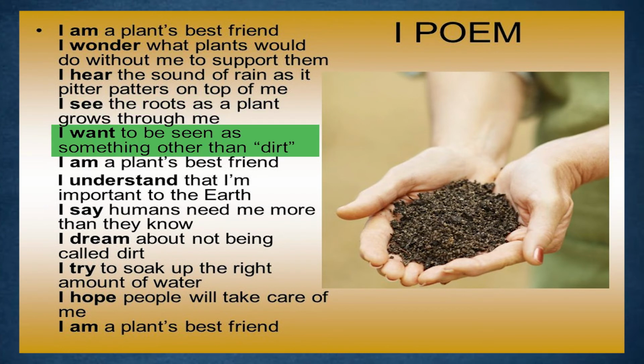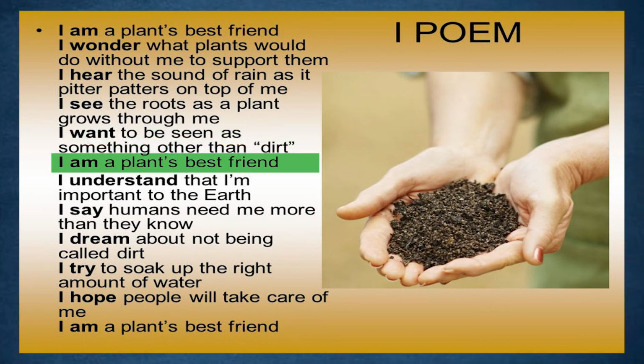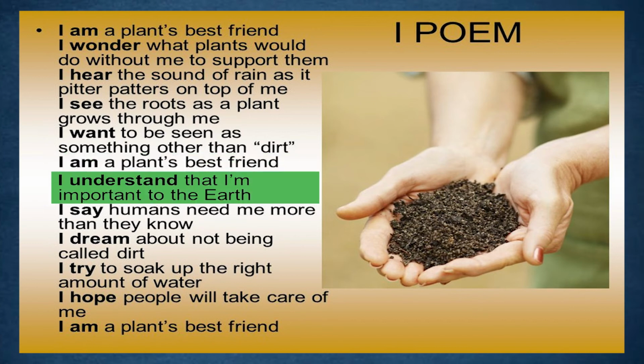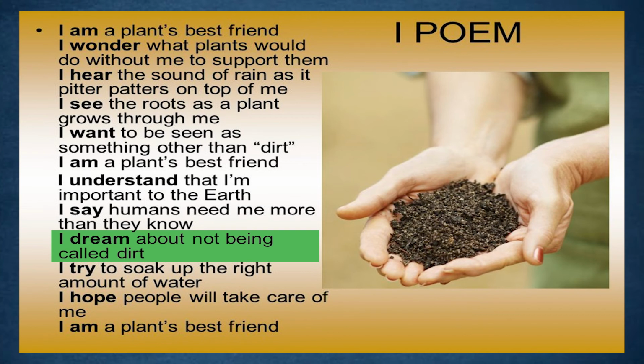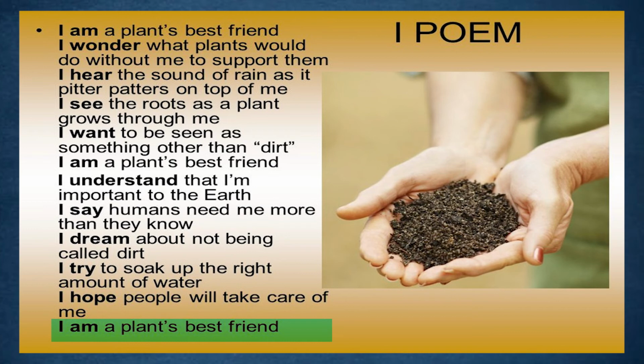I want to be seen as something other than dirt. I am a plant's best friend. I understand that I am important to the earth. I say humans need me more than they know. I dream about not being called dirt. I try to soak up the right amount of water. And I hope people will take care of me. I am a plant's best friend.